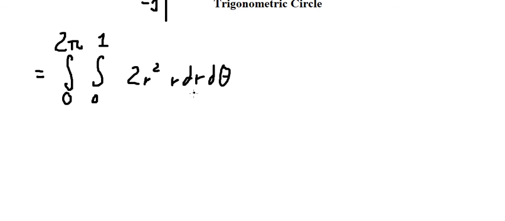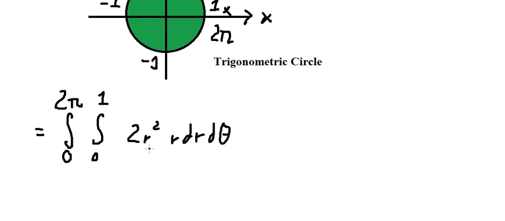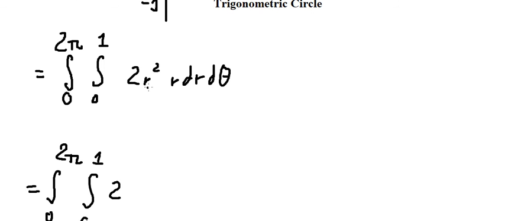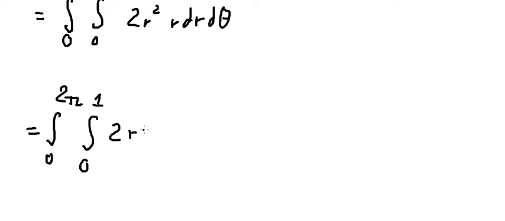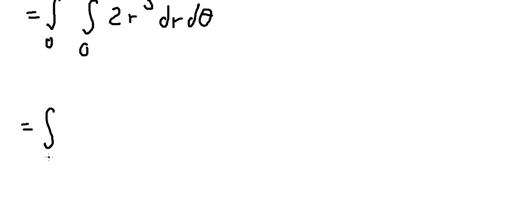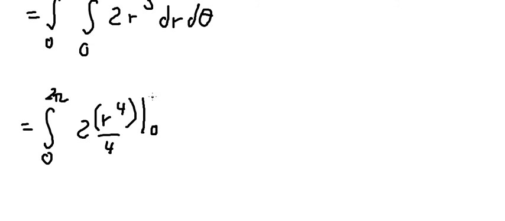And now we need to calculate this one. r squared times r, we have r to the power of 3 dr d theta. So the integration of r to the power of 3 is r to the power of 4 over 4, and we put the bounds from 0 to 1.